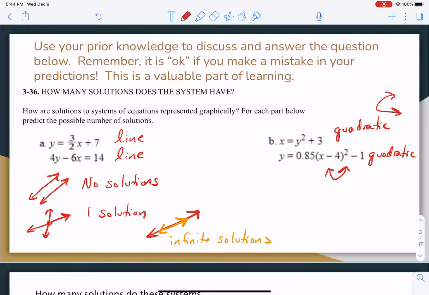So again, thinking about how these two shapes could intersect each other, I could have 4 solutions. If it looked like that. I could have 3 solutions if the graphs intersected like this.